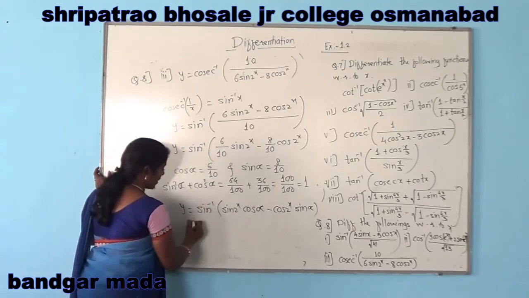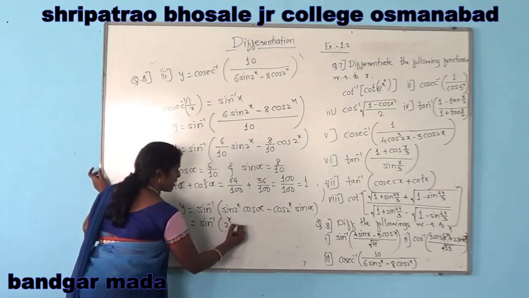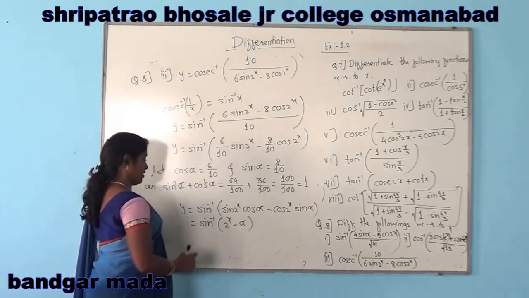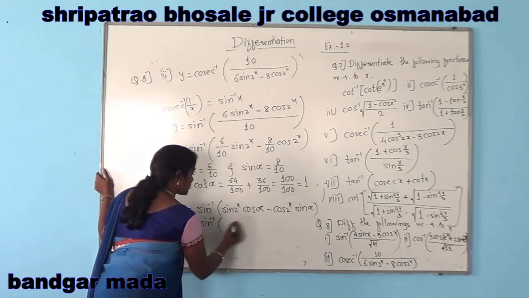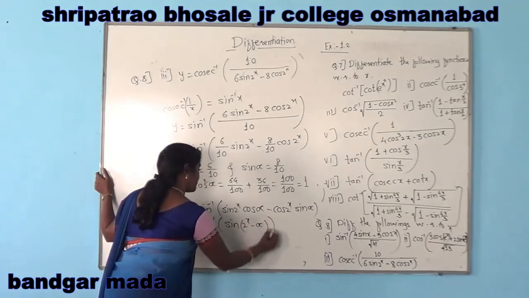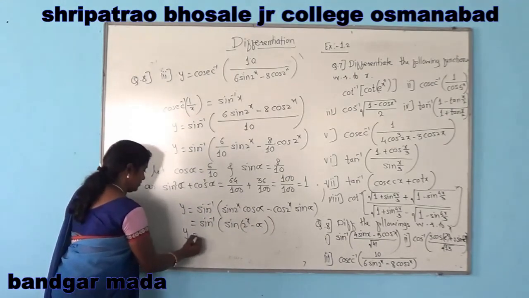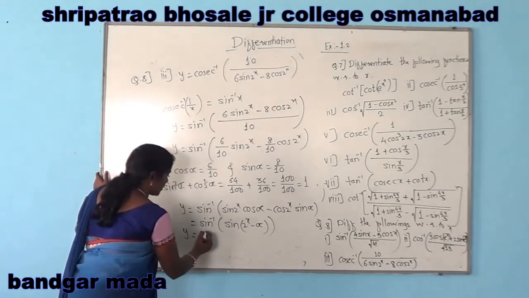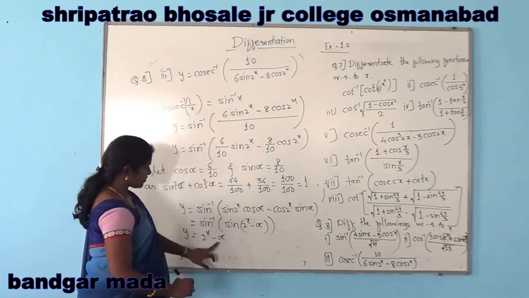So using sin of A minus B, we get sin inverse of sin of 2 raised to x minus alpha. Sin inverse and sin both cancel, and we get y is equal to 2 raised to x minus alpha.